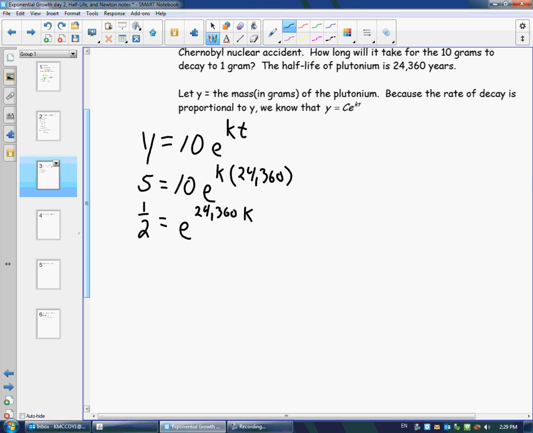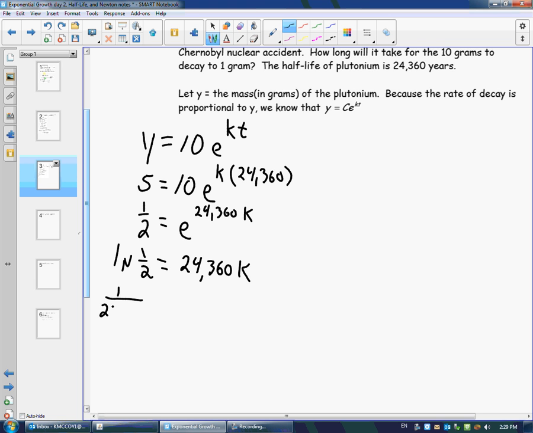One half equals e to the 24,360 k. To solve that, we're going to have to take the natural log on both sides. Of course, the natural log of the right side is going to give us just 24,360 k. And then to solve that for our constant of proportionality, we're going to divide both sides by 24,360.